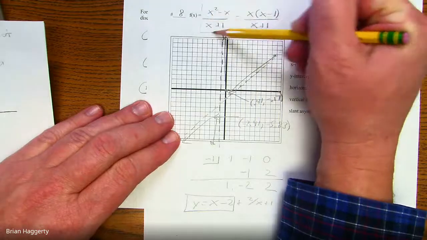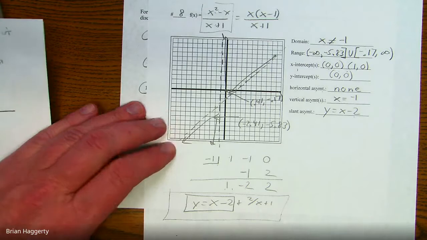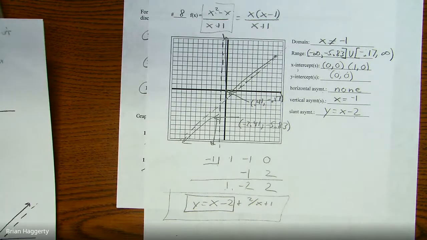This original expression and this whole thing, including the remainder, are algebraically identical. They're the exact same thing written 2 different ways.